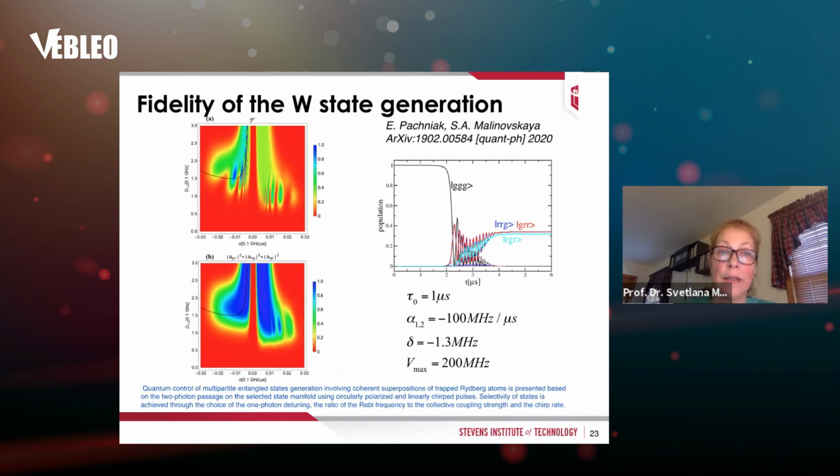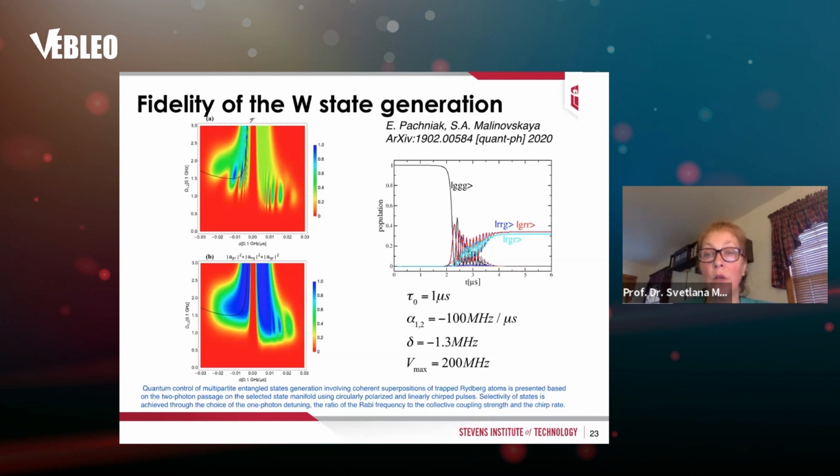And the fidelity shows high fidelity in blue islands in the contour plot as a function of the chirp rate and the Rabi frequency. Here, the black curve draws the contour where all three states contributing to the W state formation have the same population. So indeed the W state is demonstrated by the black curve.